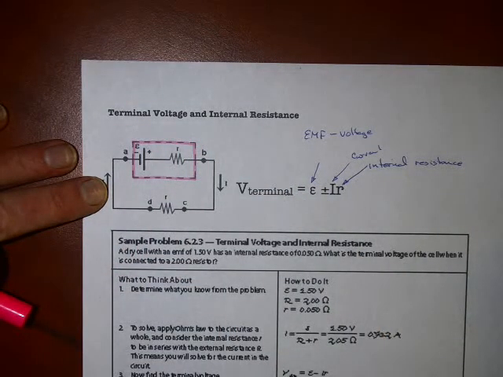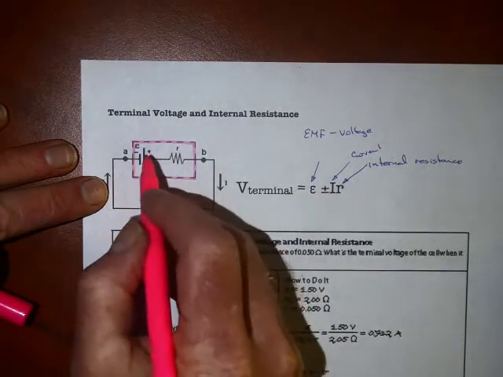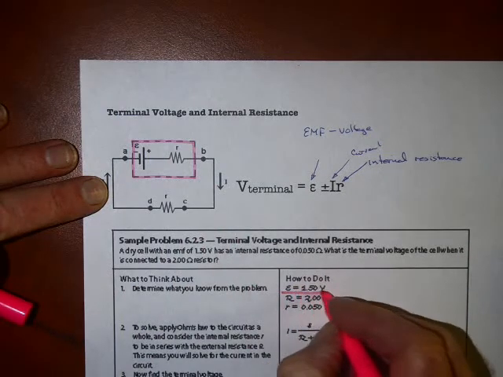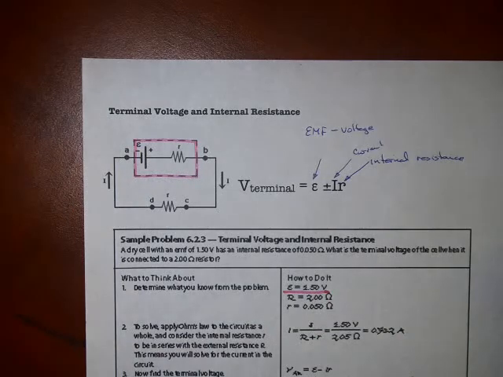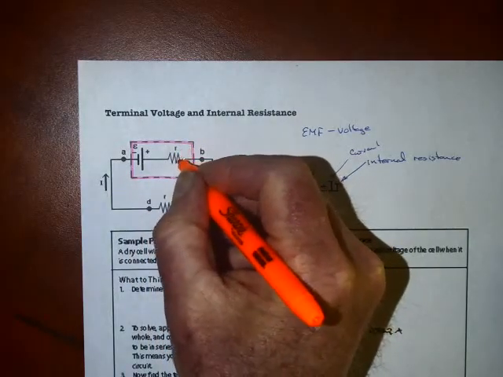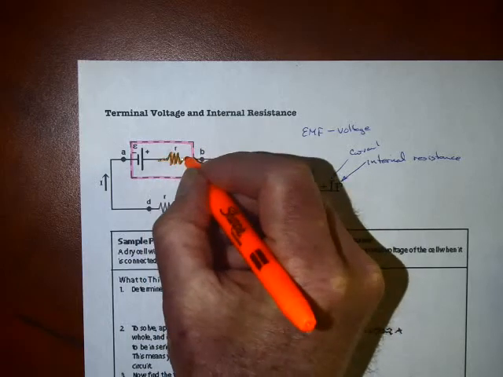You have a total voltage here, which is the 1.5. You have an internal resistance, which is here. This is the resistance within the battery. That's orange, by the way.